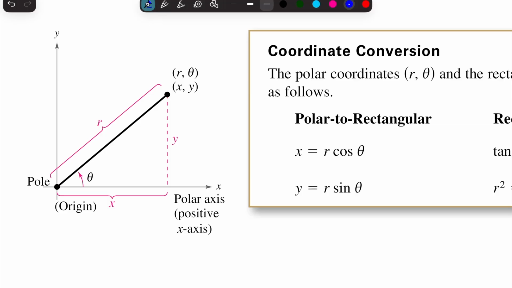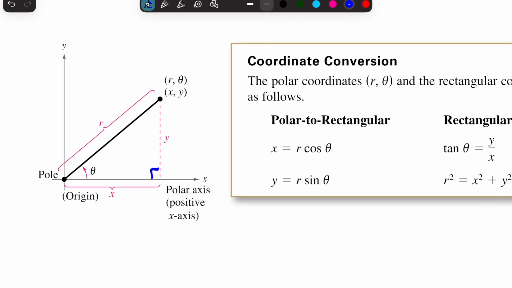And so what we notice is we get this familiar right triangle. If we think of, for example, cosine of theta, cosine would be the adjacent side, which is x, over the hypotenuse, which is r, so x over r.